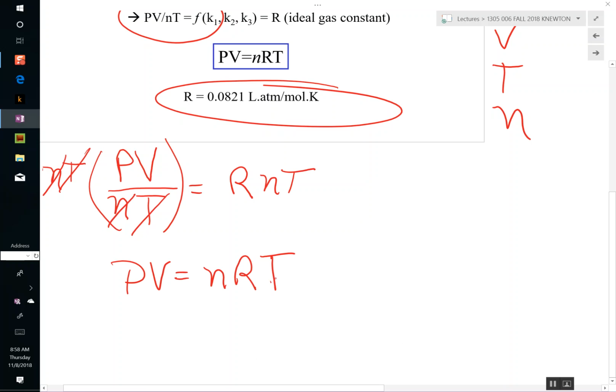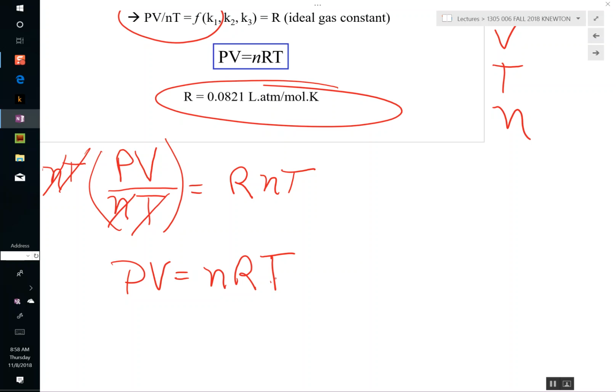All right? So that is the normal way that you see the ideal gas law expressed. PV equals nRT. But I wanted you to see that it's coming right out of these three laws, all put together now.